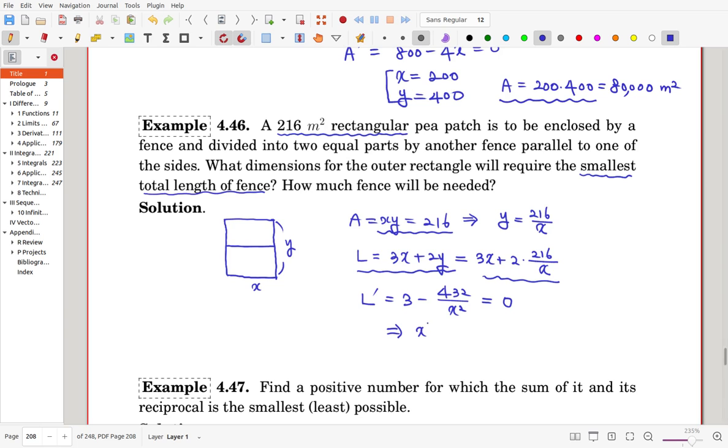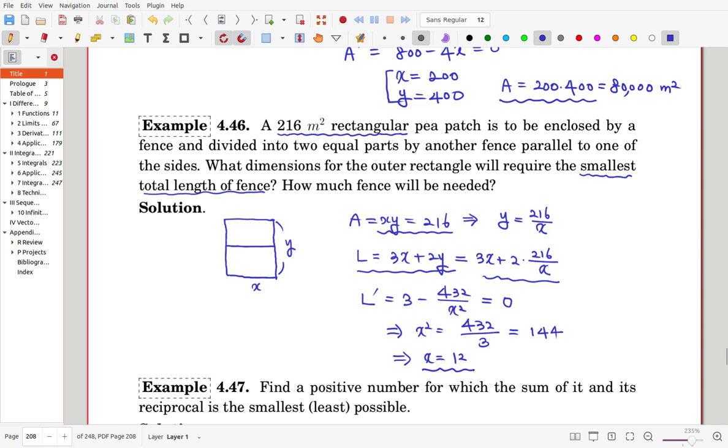And from this, you can get x quite easily. x squared equals 432 divided by 3, which is 144. Right. So x can be plus or minus 12, but it must be positive, so x is 12.